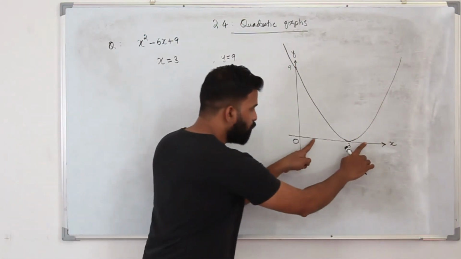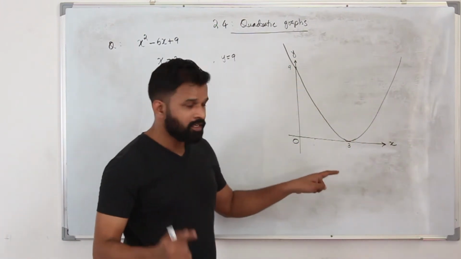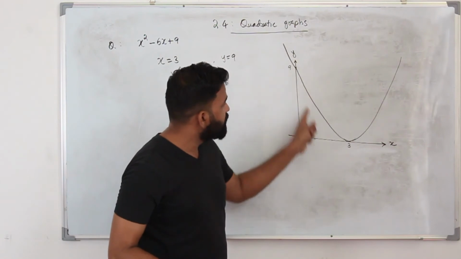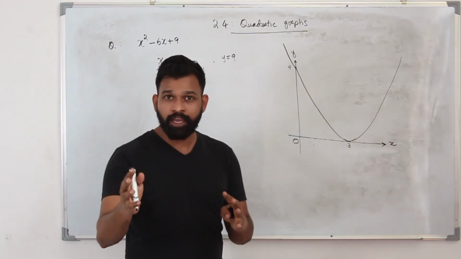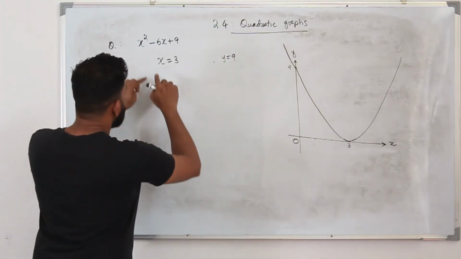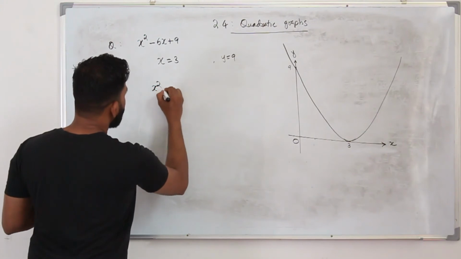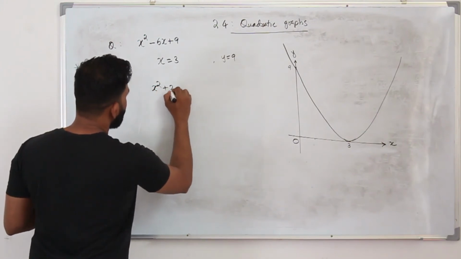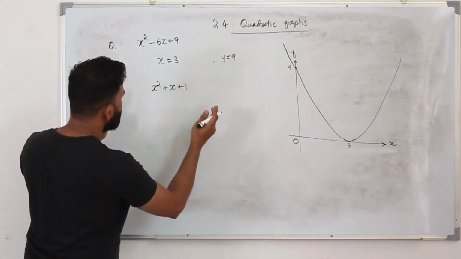Sometimes you will have 2 points. That means the curve is going to pass through the x-axis. Sometimes only 1 point. That means the curve touches the x-axis at a particular point. And there is one more case, number 3. When you try to solve, you cannot solve. For example, x squared plus x plus 1. You cannot solve this by factorization.